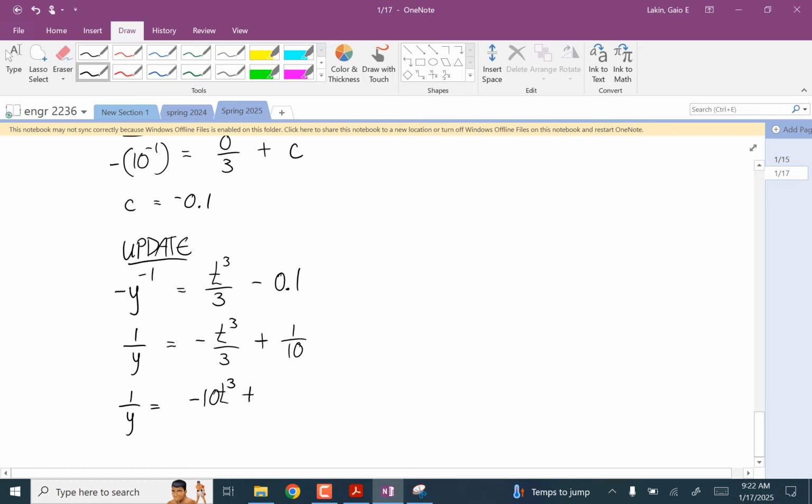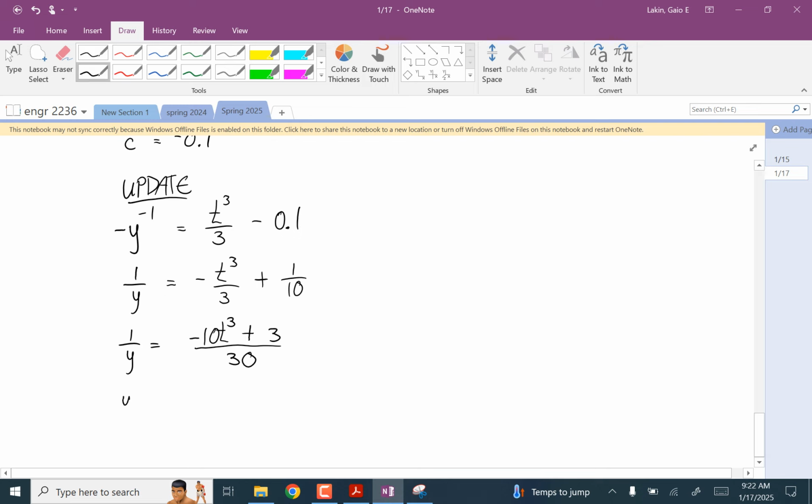So the common denominator is 30. So 10t cubed plus 3 over 30. And so now y as a function of time is equal to, I'm just taking the reciprocal of both sides, so 30 over negative 10t cubed plus 3.